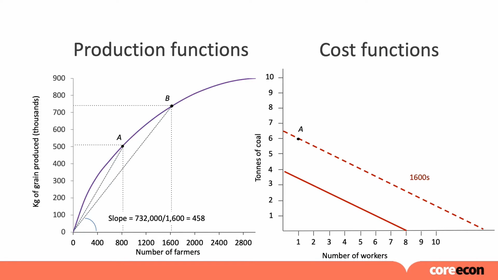In that world, of course, it was not as economical to use a coal-intensive technology as a labor-intensive technology. In the 1700s, as the cost of coal fell and the relative cost of labor increased, all of a sudden it became cheaper to adopt a more coal-intensive technology. And this is one possible explanation for why the Industrial Revolution, the capitalist revolution, first occurred in Britain.